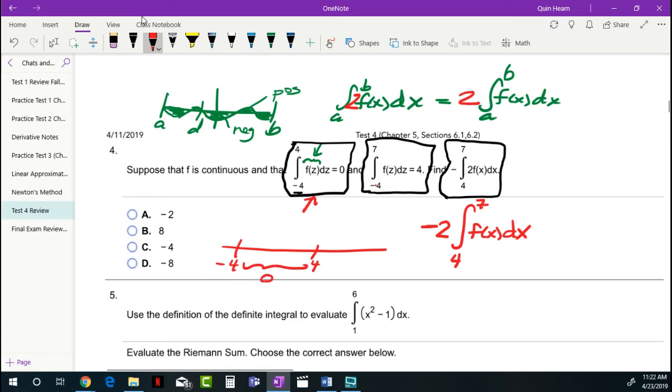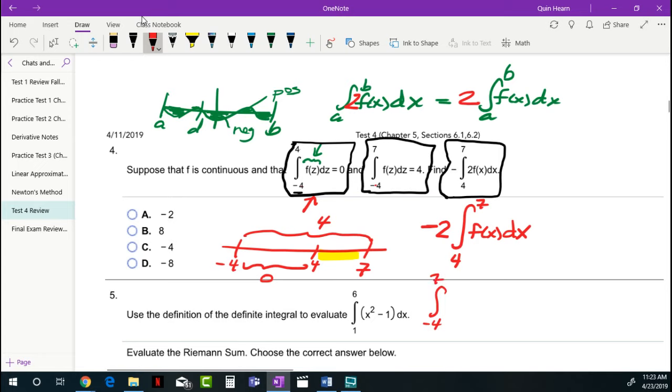Okay, so one thing I would observe is that this is going to be the opposite of 2 times the integral from 4 to 7 of f of x dx. And I would ask myself, do I have information about the integral from 4 to 7? Well, we don't, but we have the integral from -4 to 4 and the integral from -4 to 7.